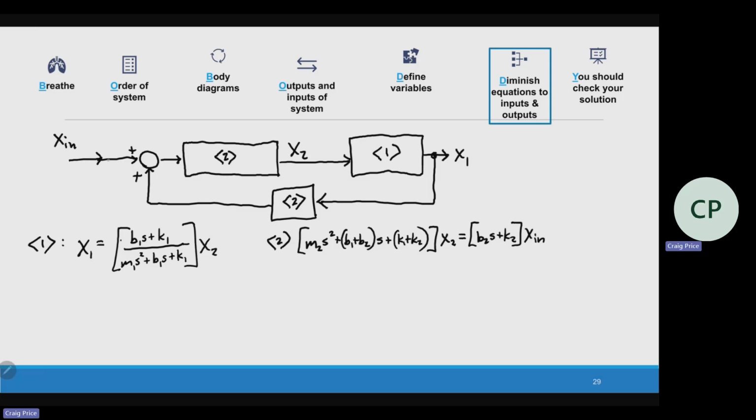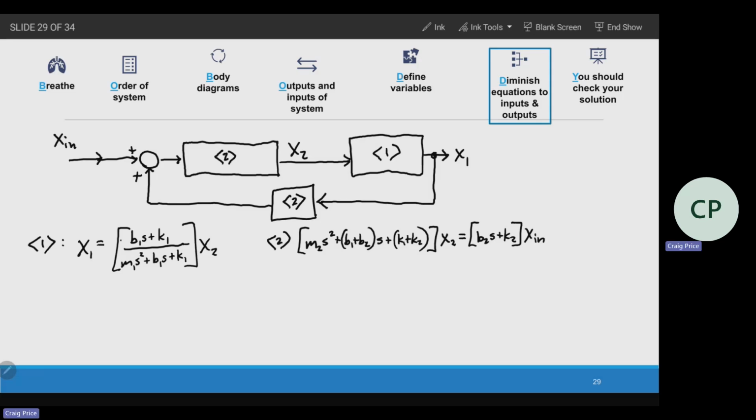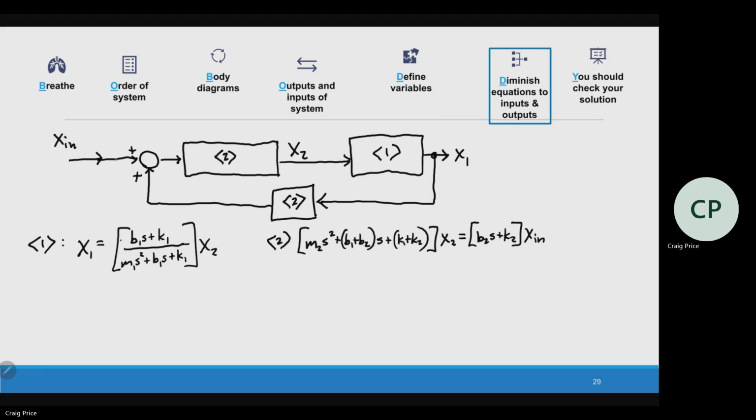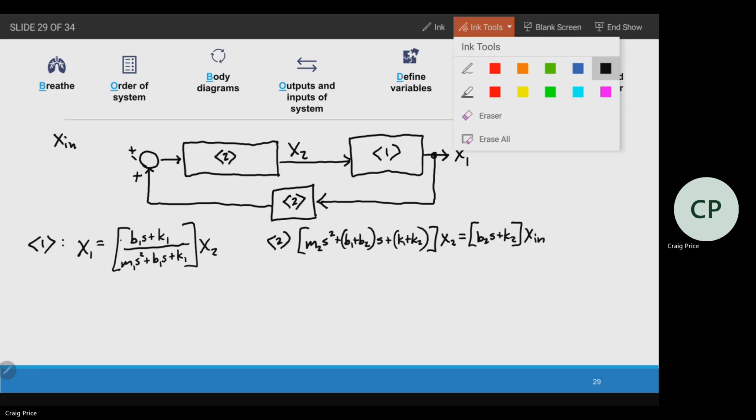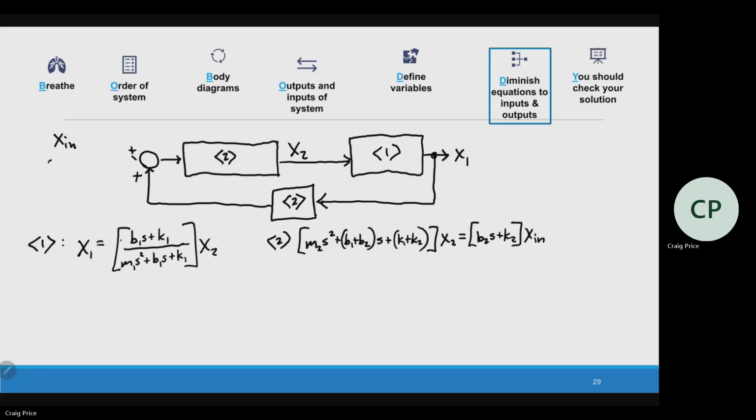You know what? That's what I'm missing right here. I should have a transfer function here, basically, that feeds in there. Plus, we have b1s plus k1 times x1.